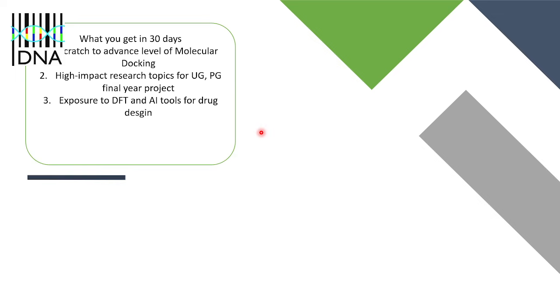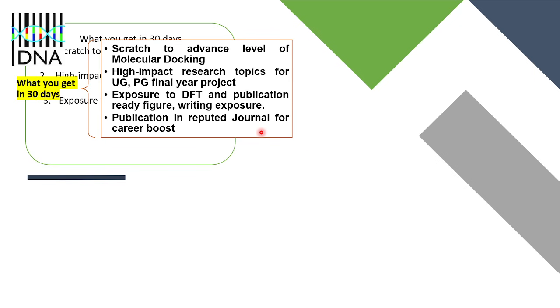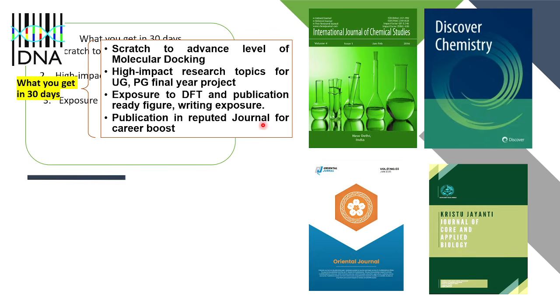Next, what are the journals we are going to publish in? You can see that these are the journals. This is the International Journal of Chemical Studies, then Discover Chemistry by Springer, then the Oriental Journal, then the Krishnajayati Journal of Applied Biology. These are some of the most reputed journals in which we can publish our paper.